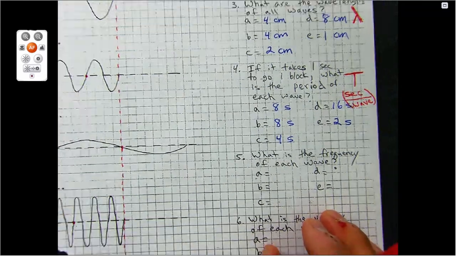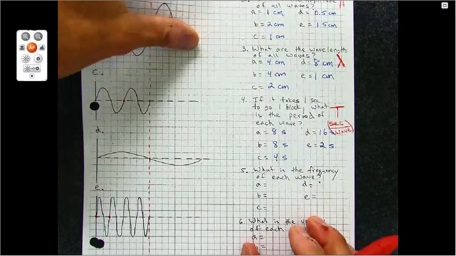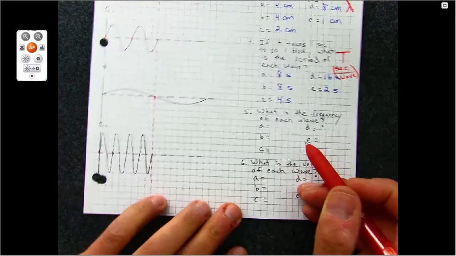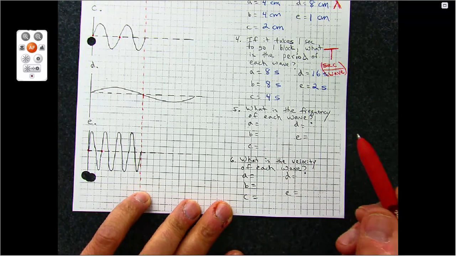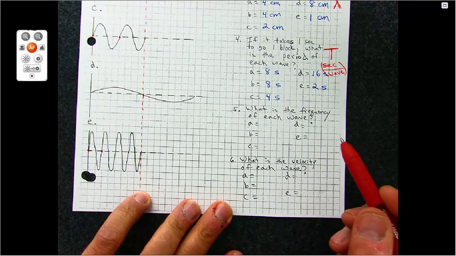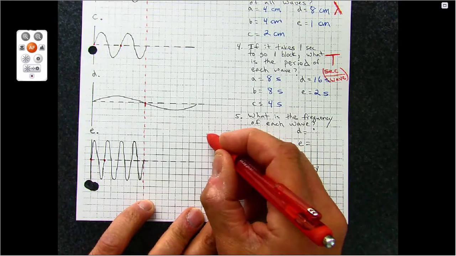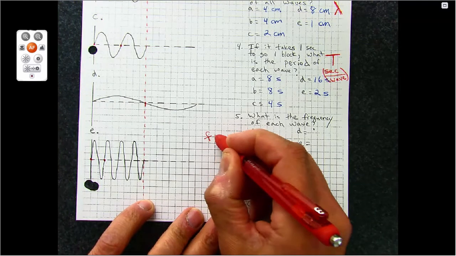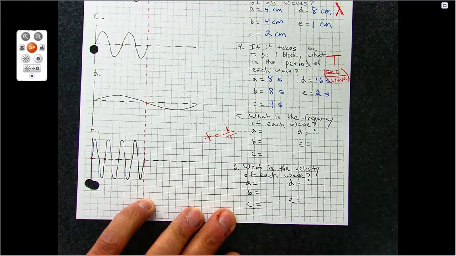Now, what is the frequency of each wave? Well, your frequency is equal to 1 over the period.